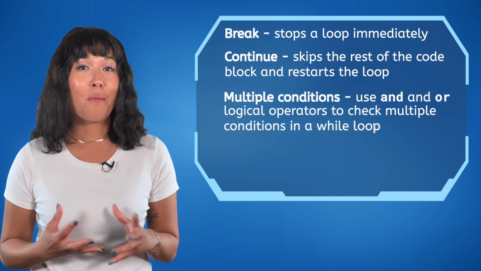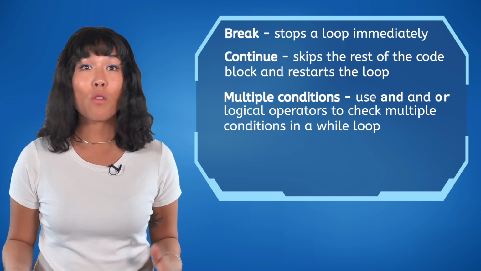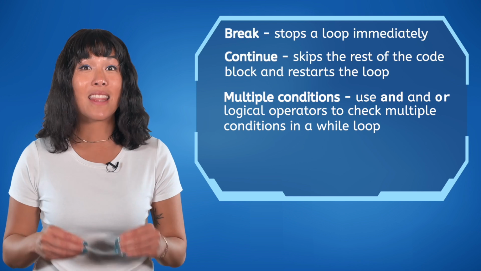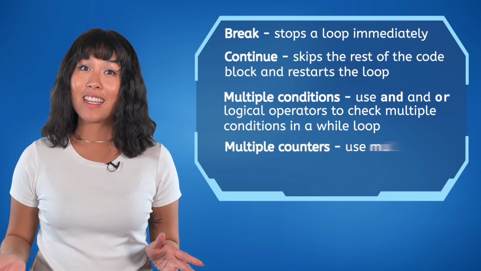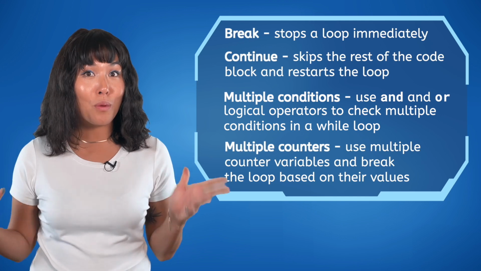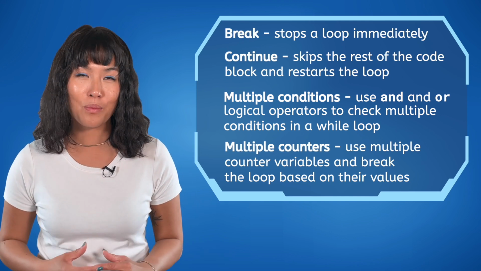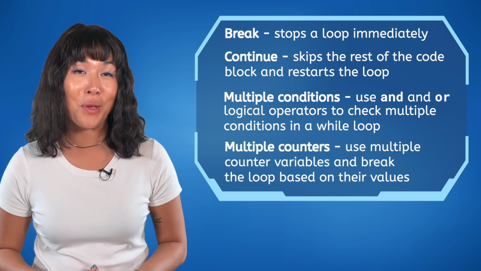When code gets complex and we need to check multiple conditions to determine whether or not to keep looping, we can utilize logical operators in the condition of the while loop. Finally, when we need to keep track of multiple attributes, we can use multiple counters within our loops and choose to break the loop when they reach certain values.